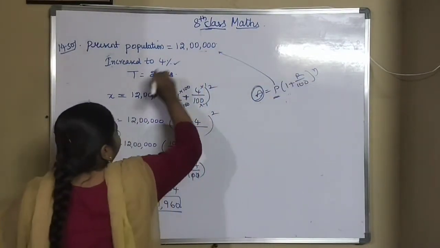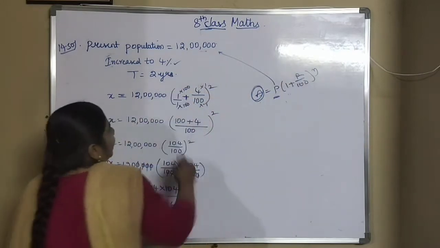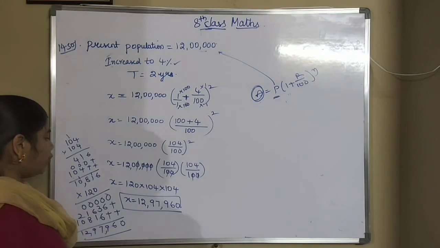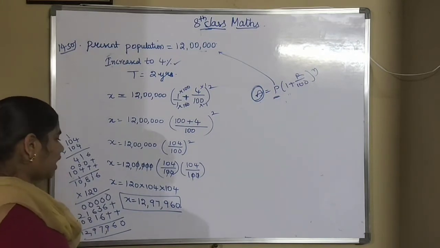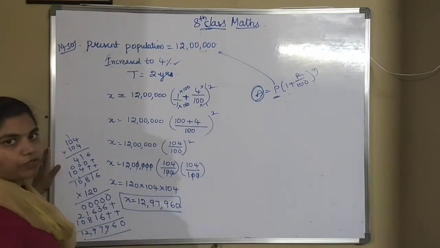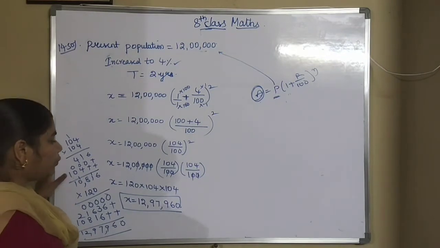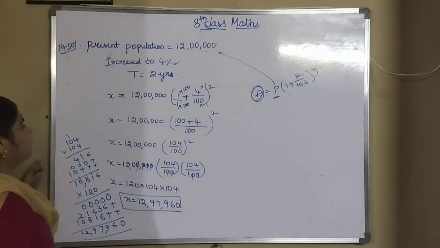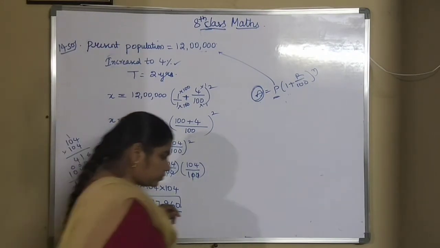R is the rate of interest. N is time here, that is 2 years. After substituting you got the x value as 12 lakhs 97,960. So after 2 years what is the population? 12 lakhs 97,960. Okay, so this is our 14th solution.